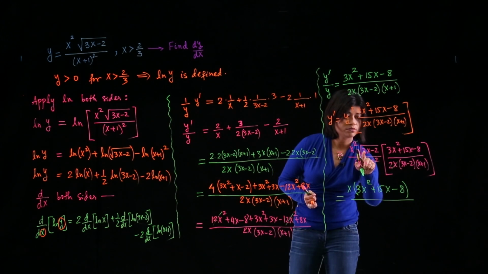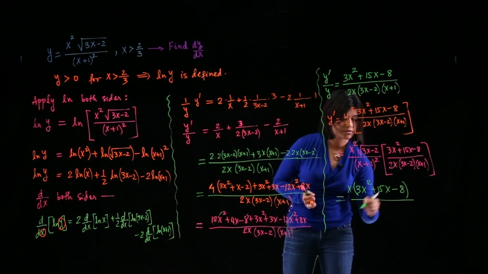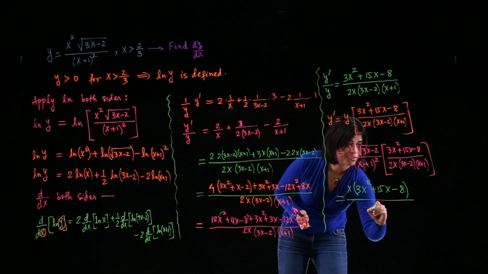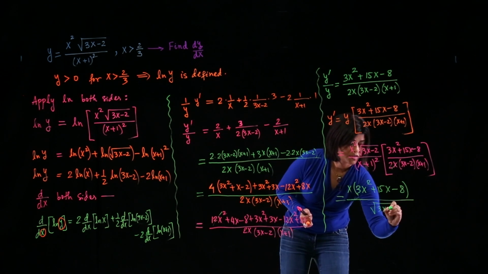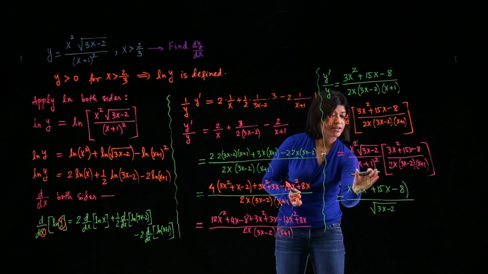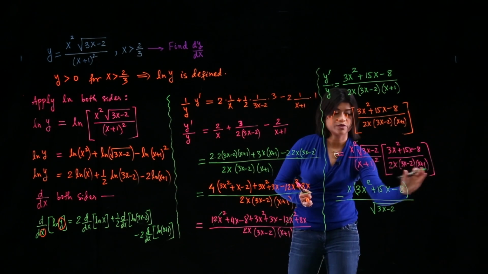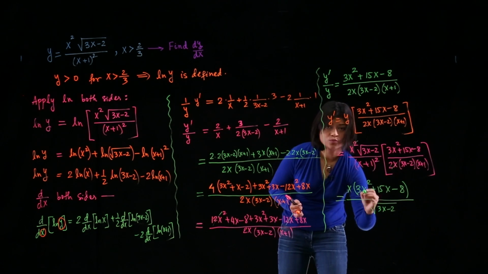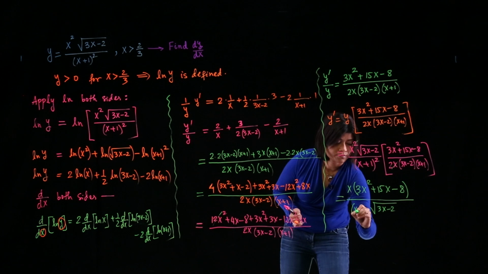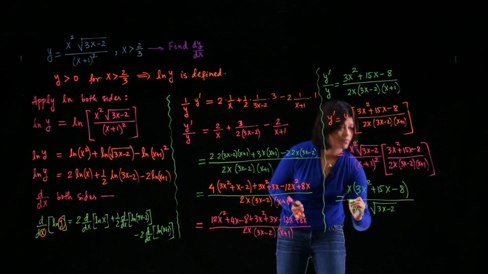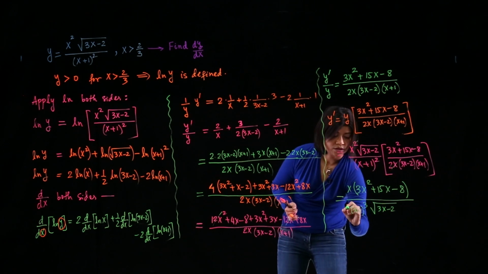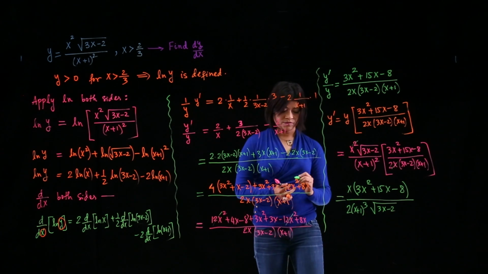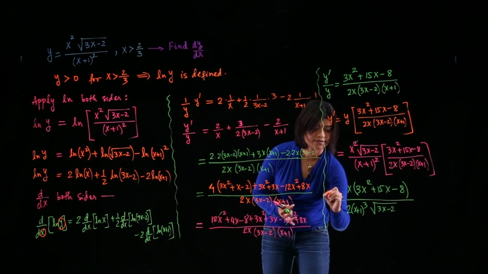Now, if you cancel 3x minus 2, those terms, you will get a square root of 3x minus 2 in the denominator. And you can combine the x plus 1 terms together. There are two of them and one here. So that will be x plus 1 cubed. And you also have a constant 2. So this is dy/dx.